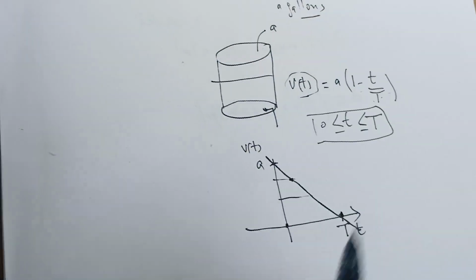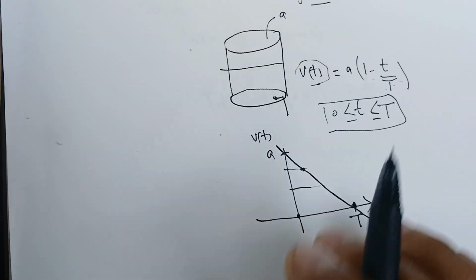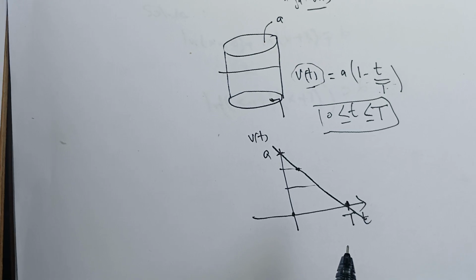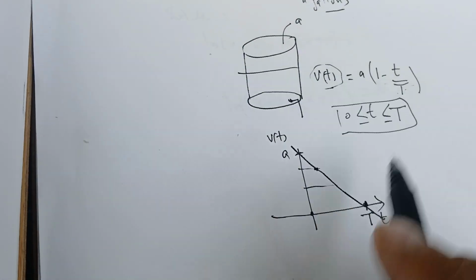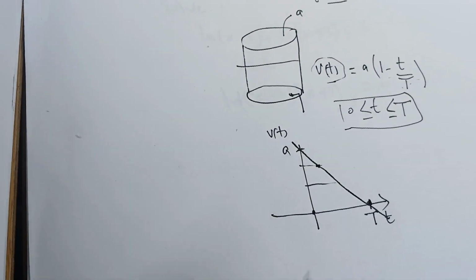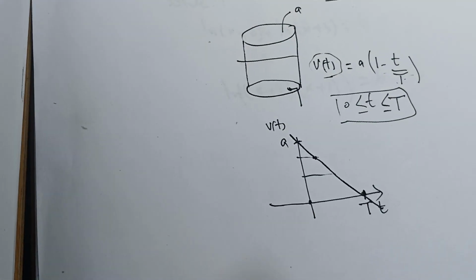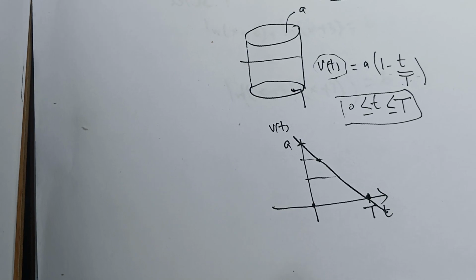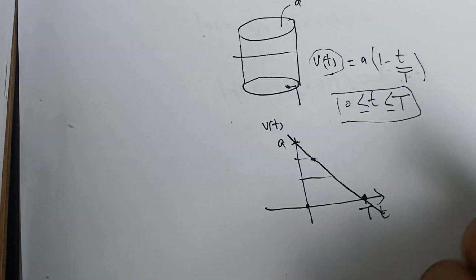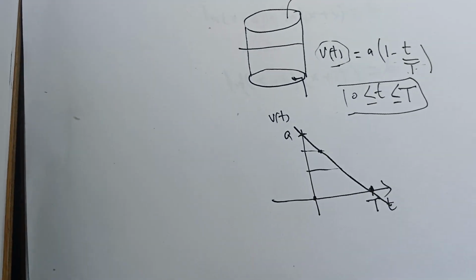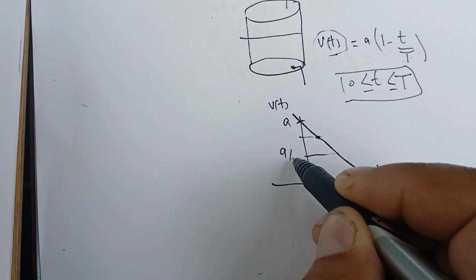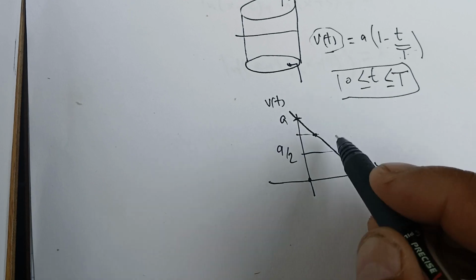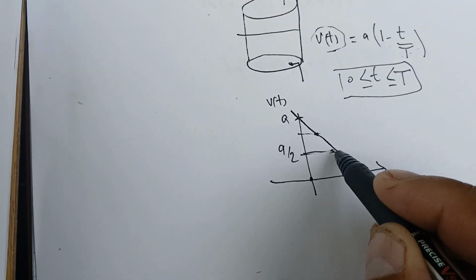According to our model, what can be the amount of water left in the tank after half of the time? When we start at 0, after we reach half of the time, what can be the amount of water left? We can answer this question without solving anything. The amount of water should be half of the water.